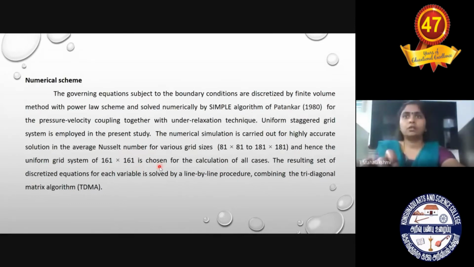So in this entire numerical simulation work, we consider the SIMPLE algorithm for pressure velocity coupling, the upwind scheme, and finally the tri-diagonal matrix algorithm. And we will calculate the heat transfer rate at the last stage. In that, we can move with any numerical methods.